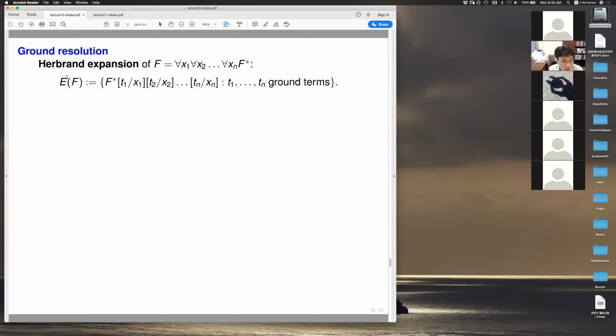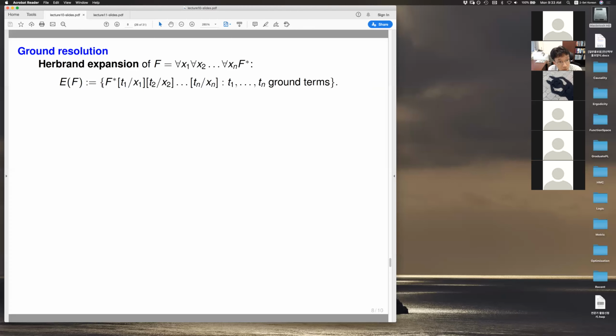So the one key concept that appears there is the so-called Herbrand expansion. If I have a formula F in Skolem form, universally quantified x1 up to xn, F star, where F star is a quantifier-free formula, the Herbrand expansion is nothing but some set generated from F. How do we obtain this set?